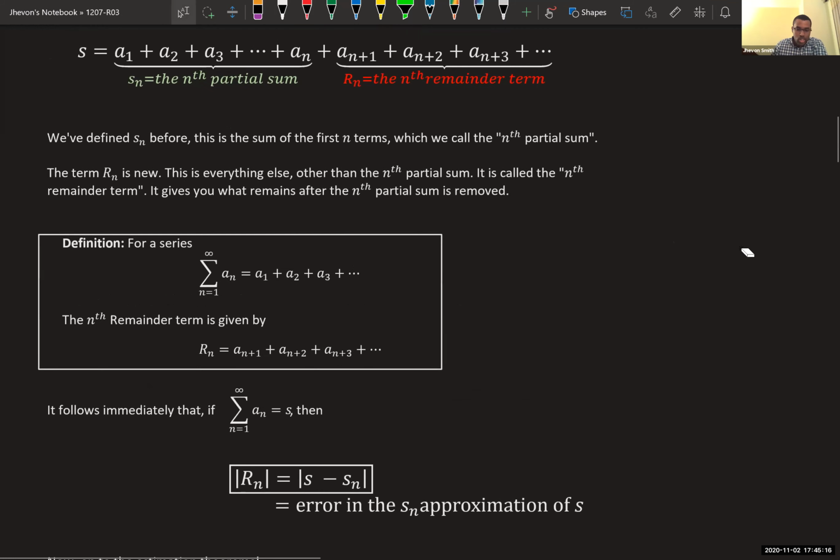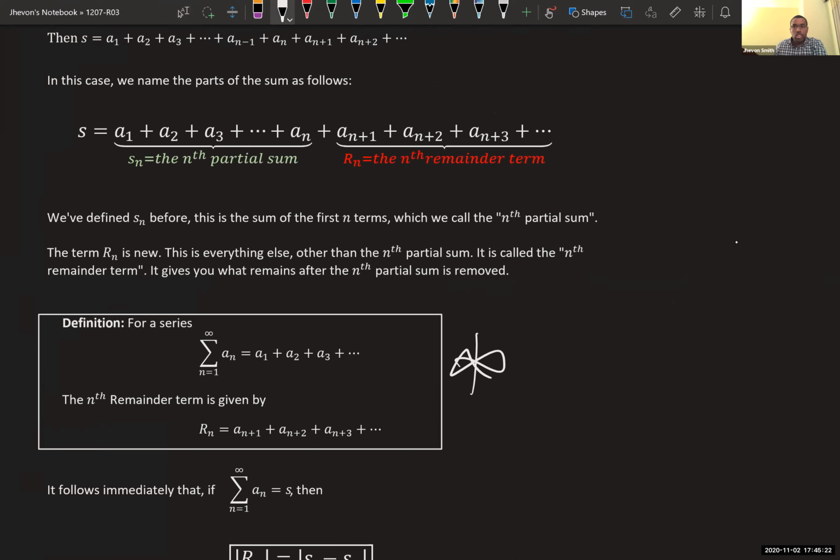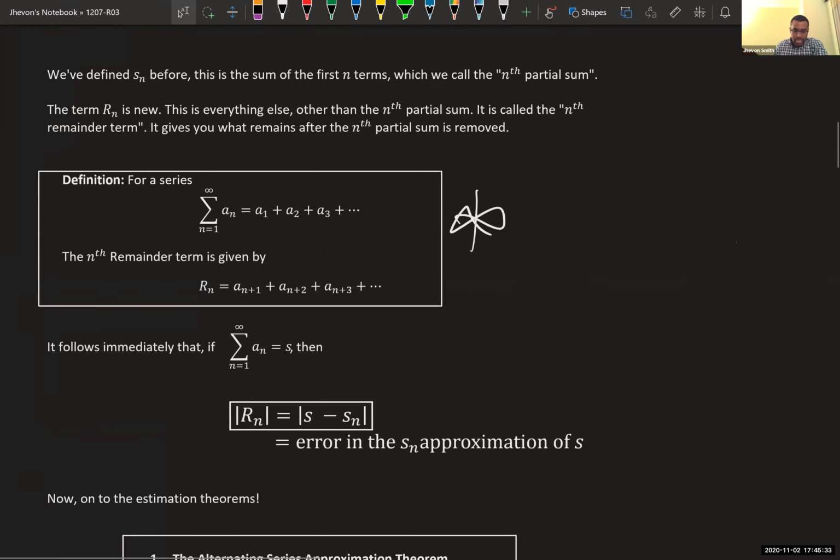Okay, so here I just want to define the remainder term because it is something I'm going to be using a lot more often. It's pretty much everything besides the sum of the first n terms, essentially. So what that means is, as I said, the magnitude of the remainder term can be computed by figuring out the difference between the actual answer and the sum of the first n terms of your series. So I can estimate the remainder term.